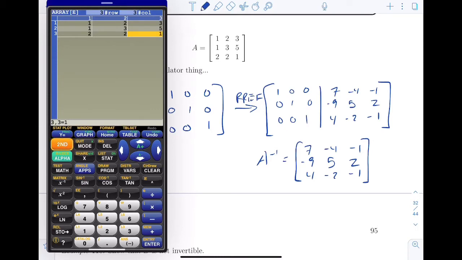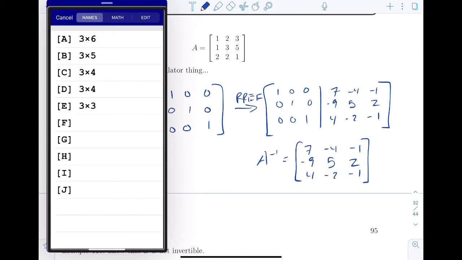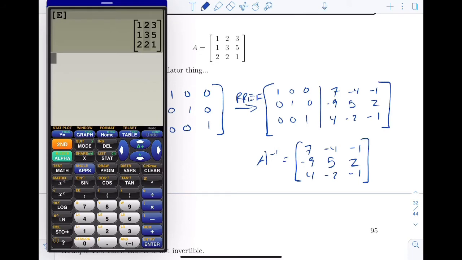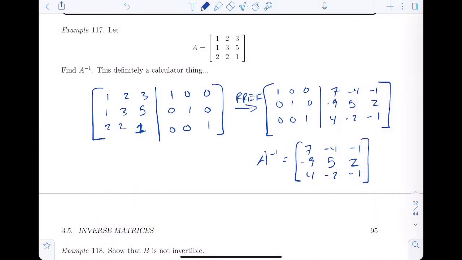So E is this. Let's see if we can use the inverse button. If I just hit that and then the inverse button, does that work? Oh, it clearly does. Your calculators are really good at this, and they know what to do.